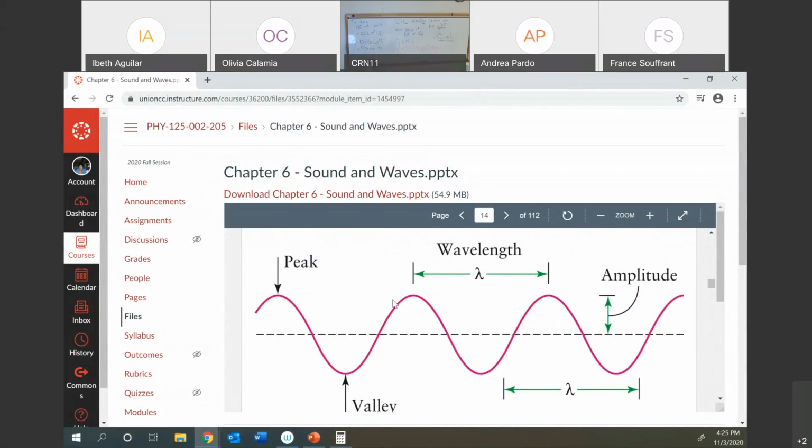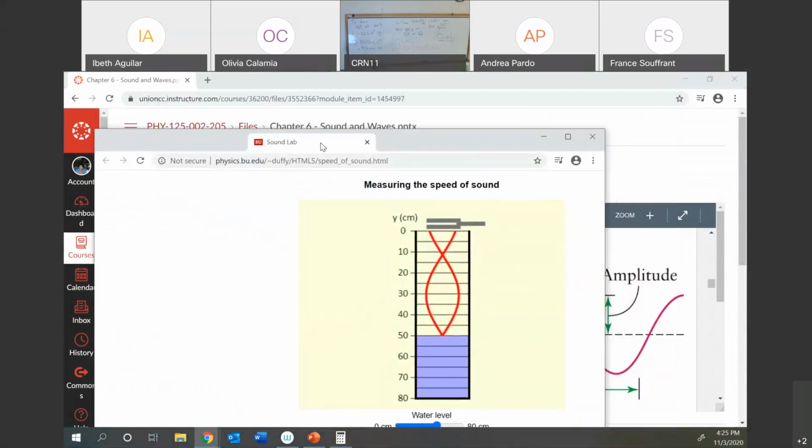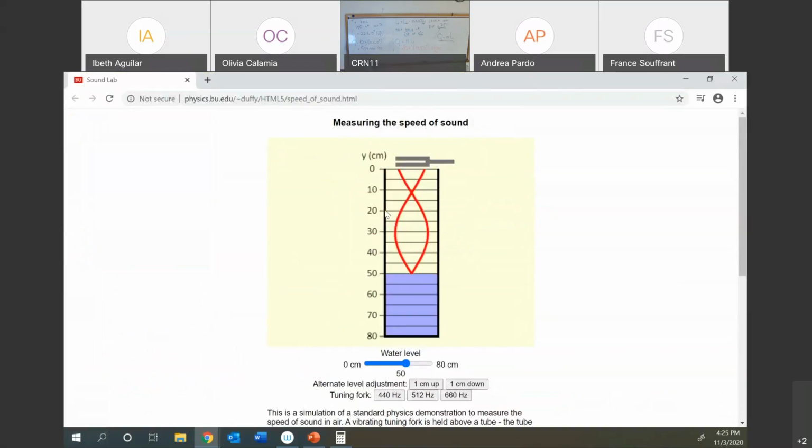So clearly, all this is half a wavelength. So what you guys have in your lab is a half. So you want to measure the distance between this point and this point. First and second harmonic. And that distance happens to be half the wavelength. So this is around what? 40, I would say 39.8, 39.5 centimeters.